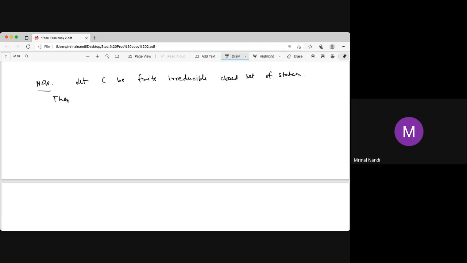Then every state in C is positive recurrent, because there is at least one positive recurrent state, and since it is irreducible, all the states are reachable from that state, so every state is positive recurrent.